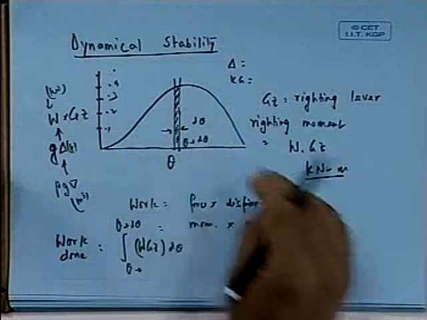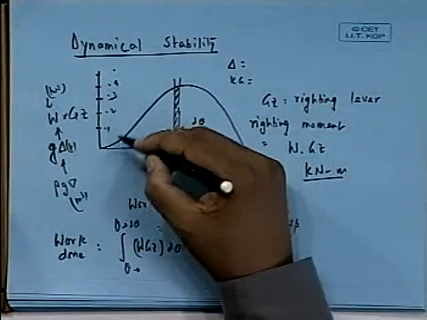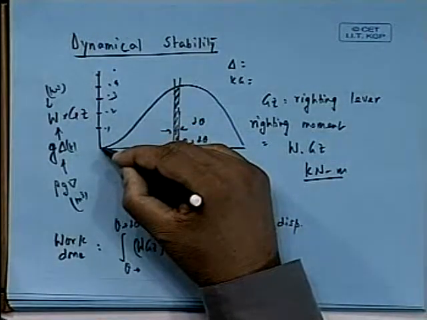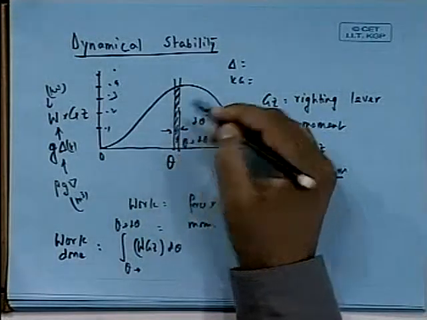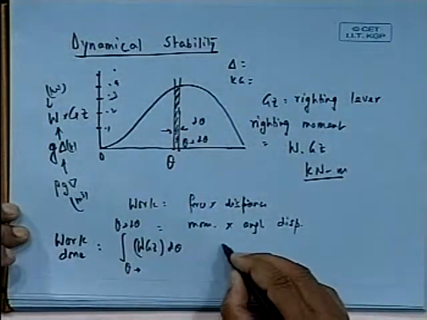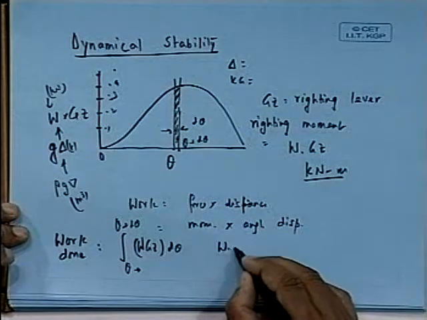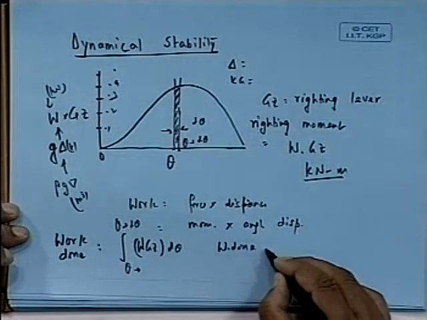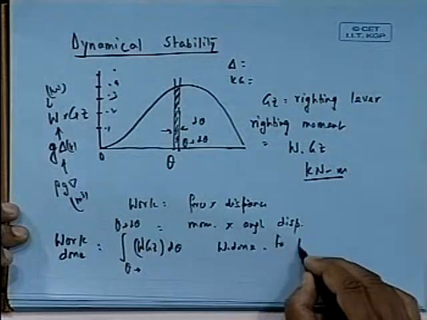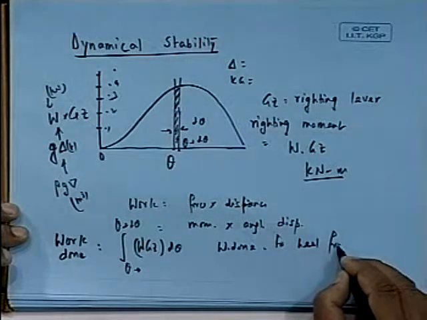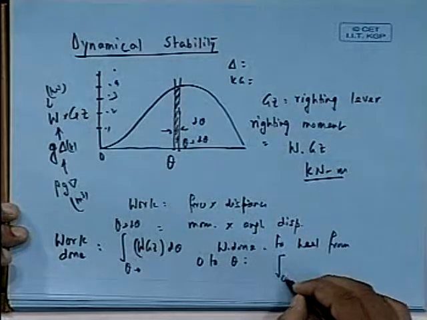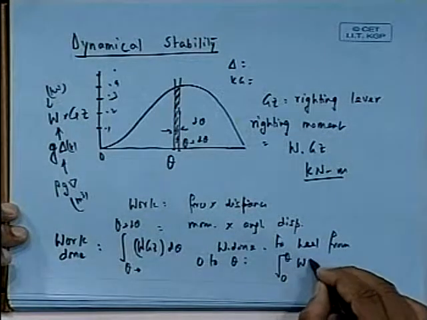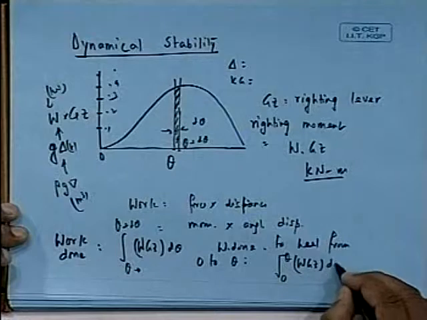So this is only from this small part. Now supposing I think what would be my work done to heel the ship from 0 degree to some angle theta. Obviously the work done to heel from 0 to theta will become the integral from 0 to theta of W Gz d theta.